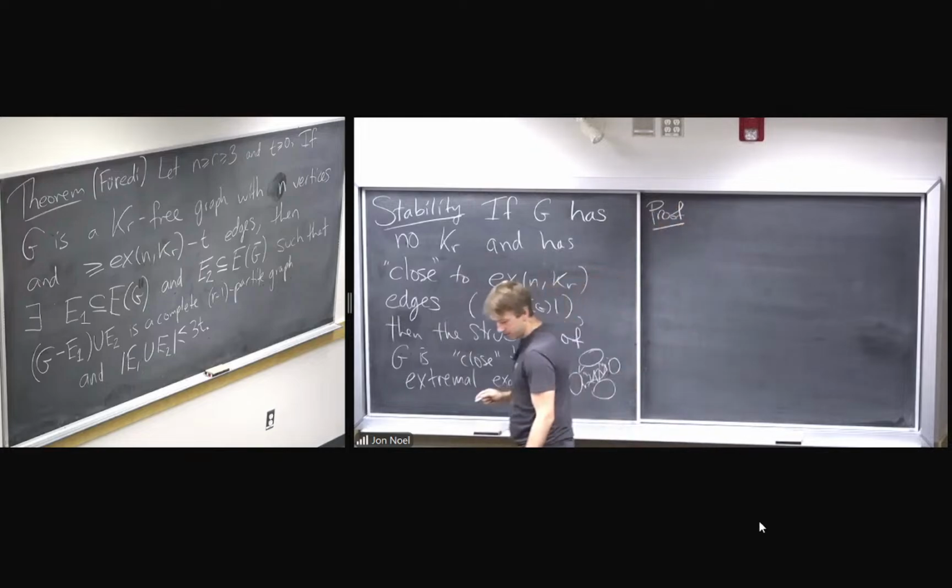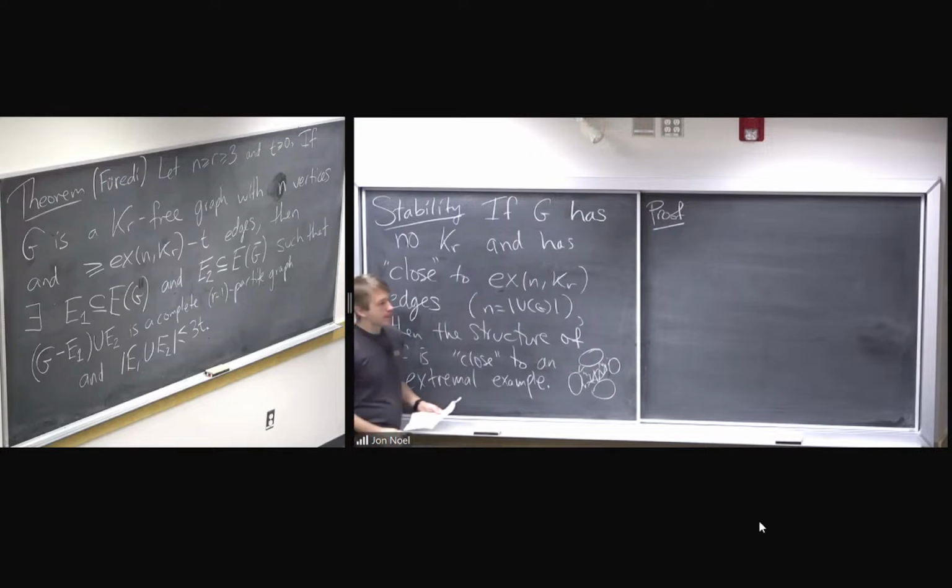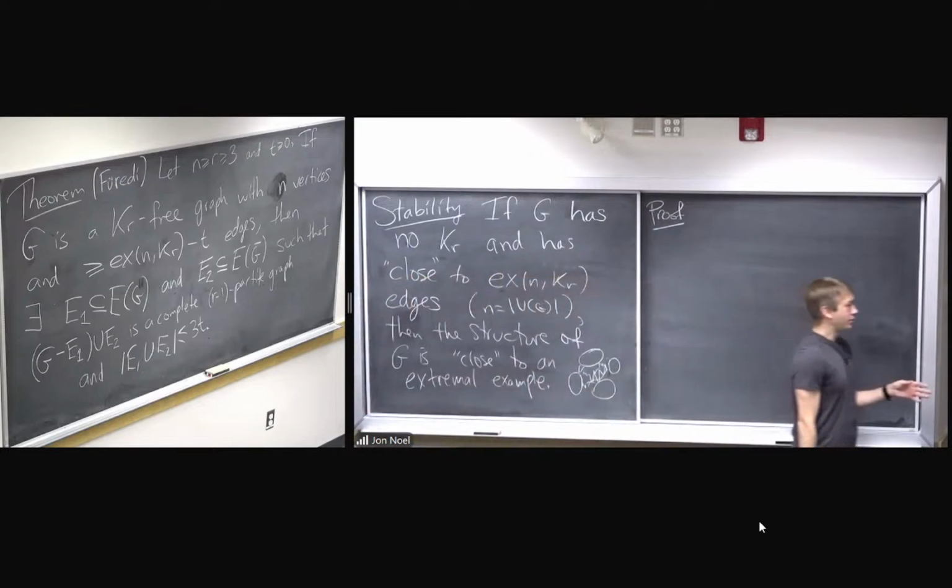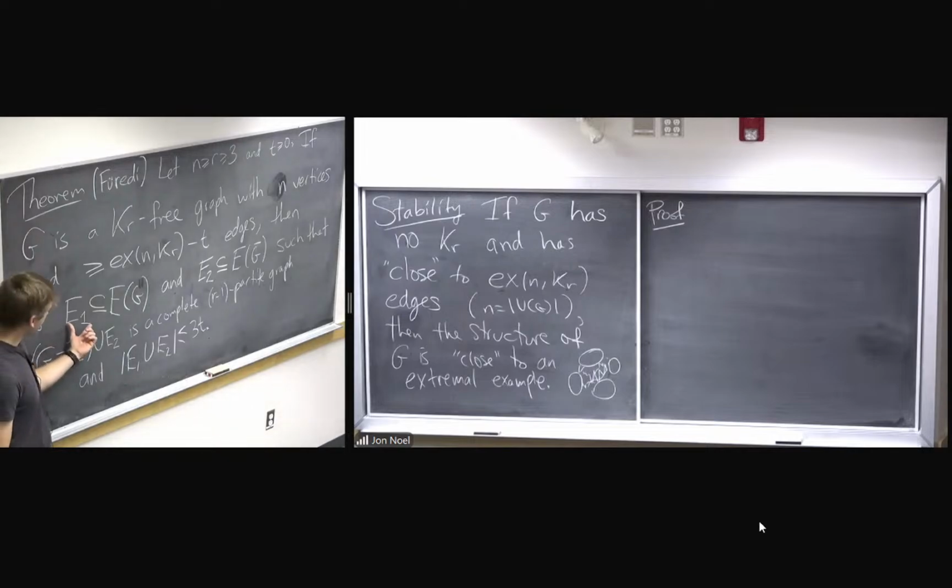Okay, so let's prove this. The first step of the proof is to observe that finding the set E2 is not actually that important. We're going to focus on finding the set E1, and in some sense we'll get E2 for free. What role does the set E1 play?